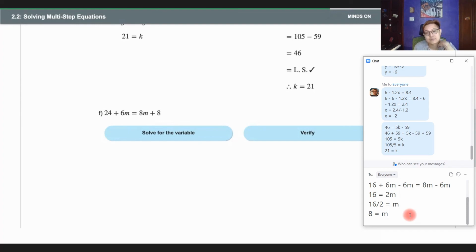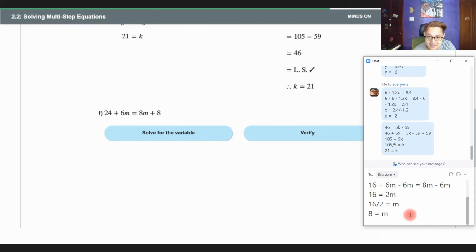Negative 2m equals negative 16. And then you take the negative 2, bring it down to the right of negative 16. So negative 16 divided by negative 2 is equal to 8.